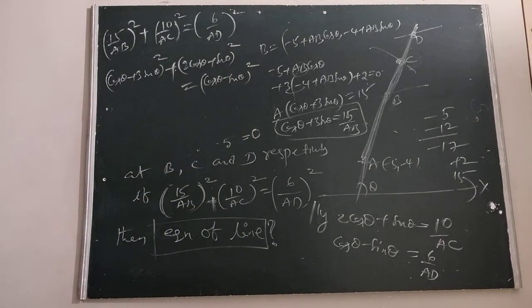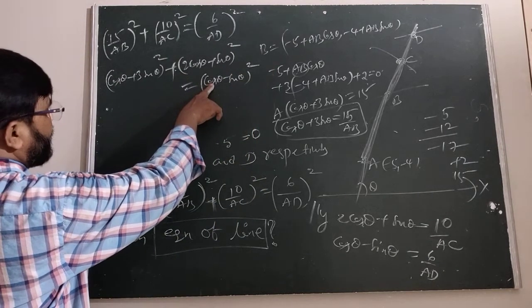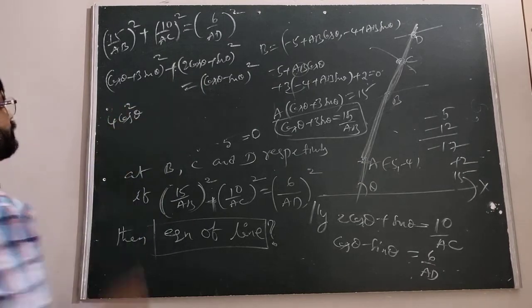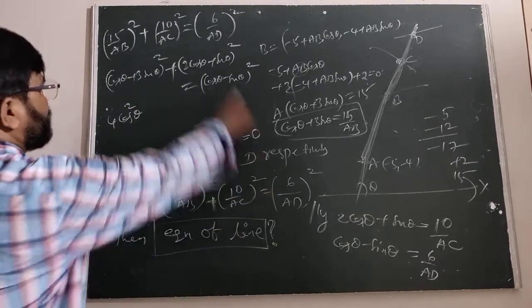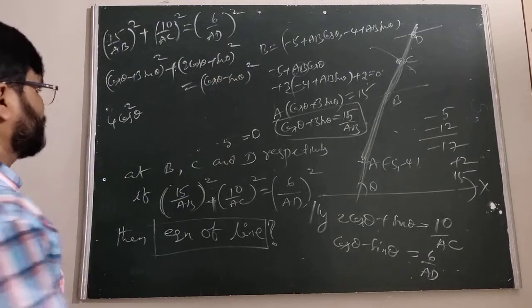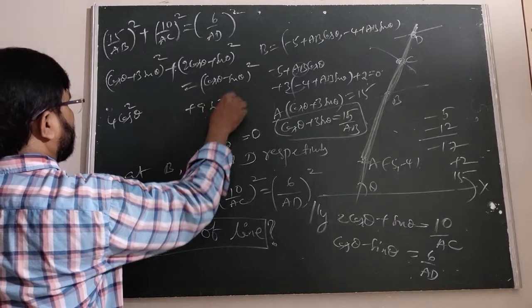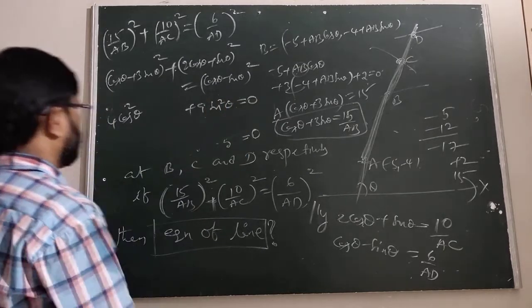Now here cos square theta cancels. This is the 4 cos square theta. Now here sin square theta cancels. Now this is 9 sin square theta equal to 0.